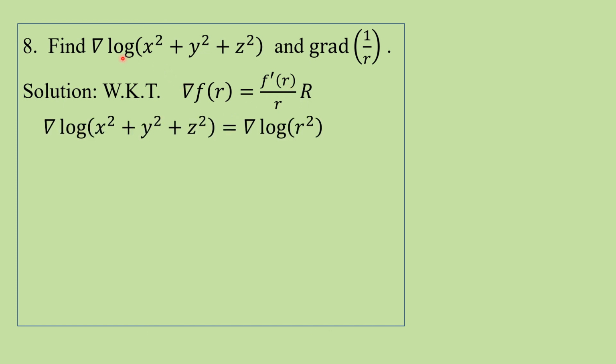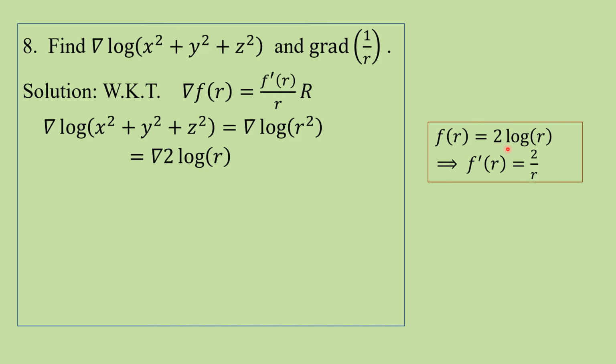For the first problem, del of log of x square plus y square plus z square, as I told, I can write it as log of r square. Log m power n is n log m, so it is 2 log r. Now I can identify f of r first, go for f dash derivative, then substitute here. So what is f of r here? 2 log r.